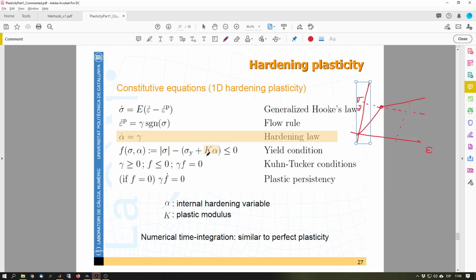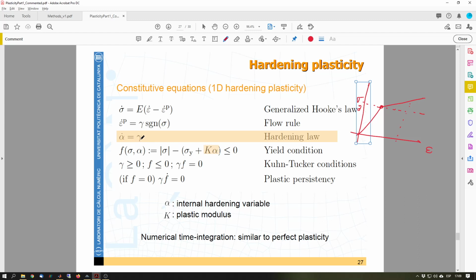What is the amount of plastic strain? It is this slip rate that we had, this gamma. So when gamma is higher, this is also increased through this parameter alpha that we place here. The objective is to have a parameter that tells us how this factor is going to increase.